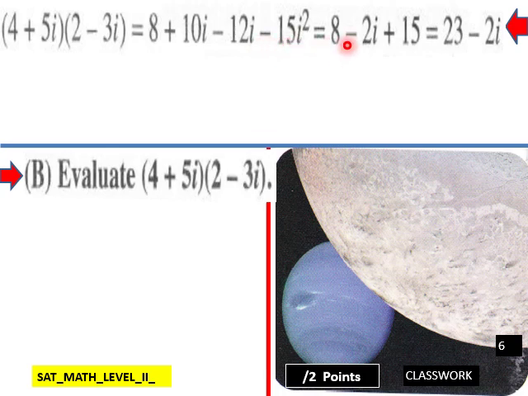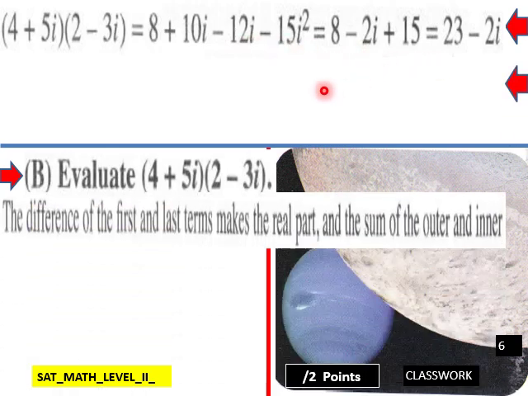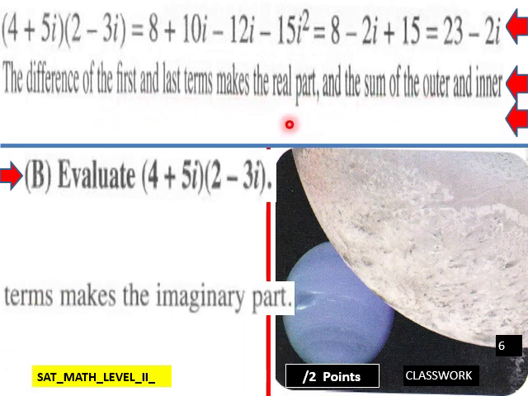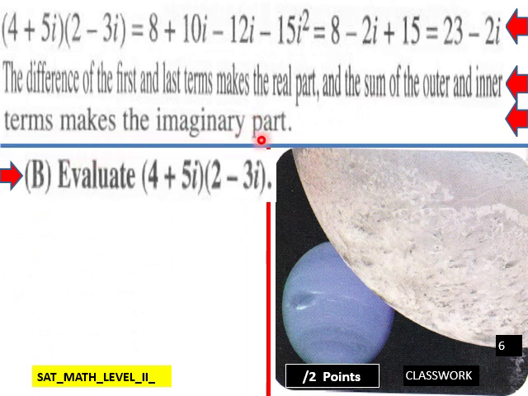The difference of the first and last terms makes the real part, and the sum of the outer and inner terms makes the imaginary part. Now, 15i squared becomes -1 times 15, which is a positive 15. Plus 8 will be 23. So we get 23 minus 2i.